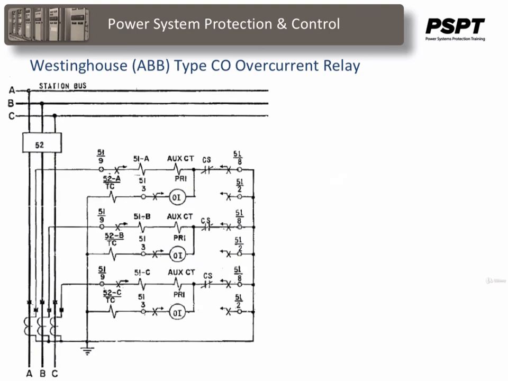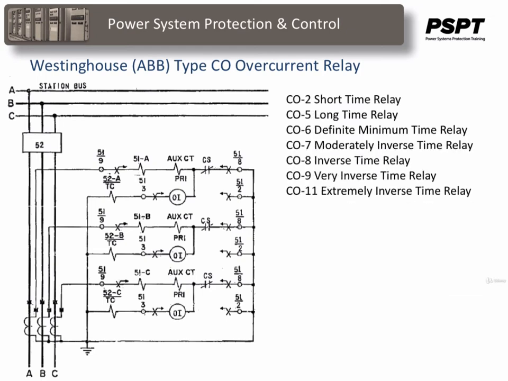This diagram shows how the overcurrent relay, in this case the Westinghouse ABB CO type relay, is connected to monitor all three phases of a feeder circuit. Just out of interest, the designation of a CO relay describes the characteristic that you can expect with using that relay.